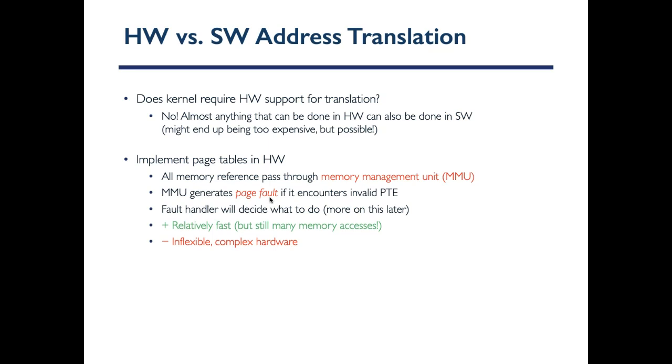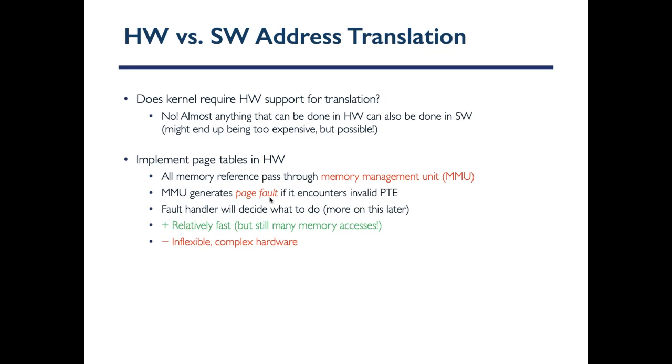Or, if the program wants to write to a page where the page table entry says the program only has read-only access, then a page fault happens, and the operating system wakes up to deal with it, right?